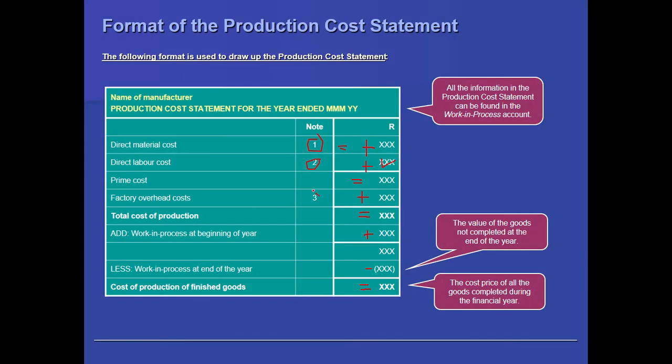So basically, you're going to add it with prime cost to determine your total cost of production, and then you're going to add your work in progress at the beginning of the year, and this amount here. I will show you later where it will be recorded.